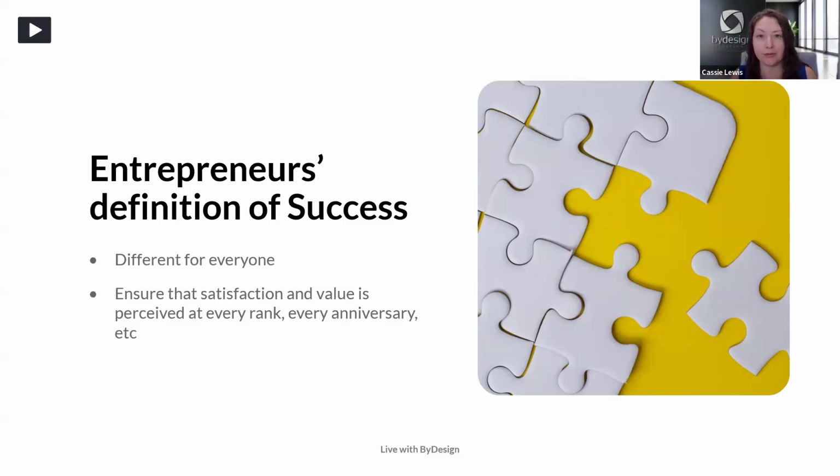Same thing at the end of their first year. That first year is critical. That's when they're choosing whether to renew with you for the first time. So make sure in that first year, whether they've advanced in rank or not, they have achieved some sort of success. And know that success looks different for every rep that joins your organization.